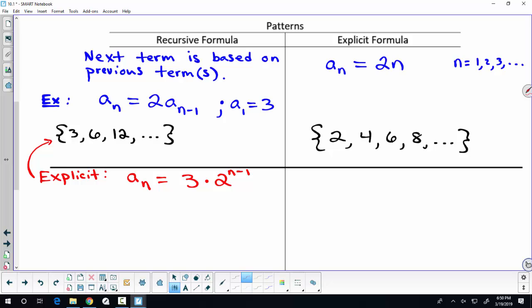Let's check, where would n have to start then? n equals 1, 2, 3, etc. So when n is equal to 1, does a sub 1 equal 3? We have 3 times 2 to the 1 minus 1, which equals 3.